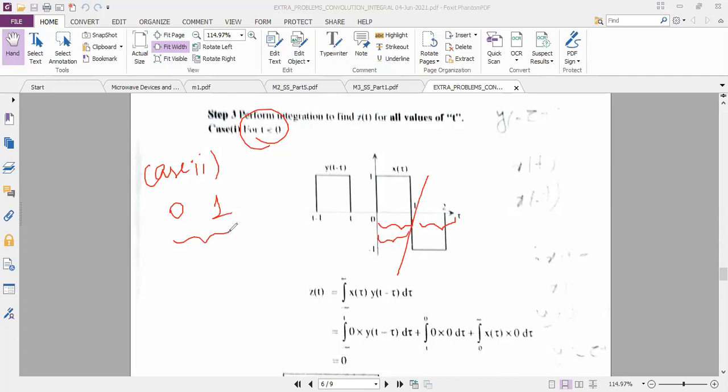So my x of t has the first breakup time division as 0 and 1. So can I keep 0 less than or equal to t less than or equal to 1? Is this case 2 condition correct? The same thing we will follow for all the problems. So I am considering now between 0 and 1. Parallelly, this signal will be shifted by one position.